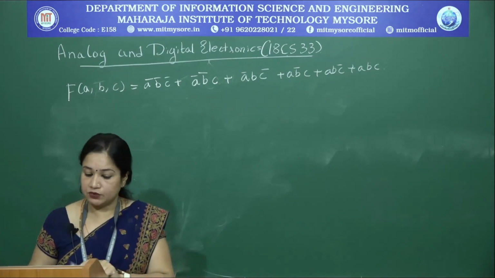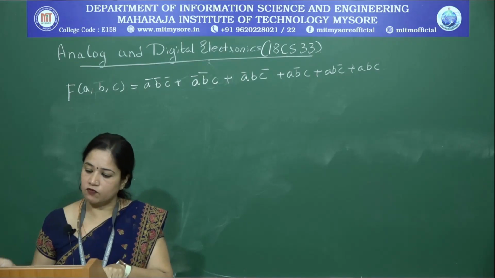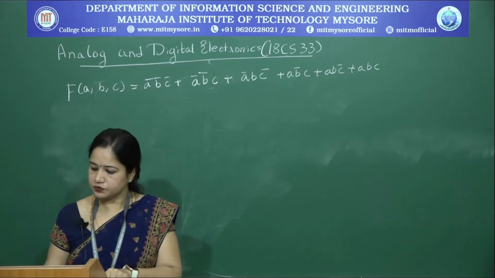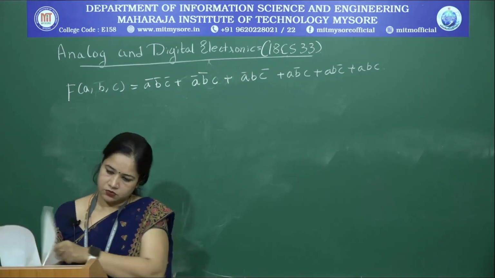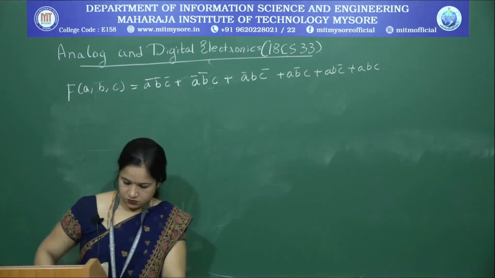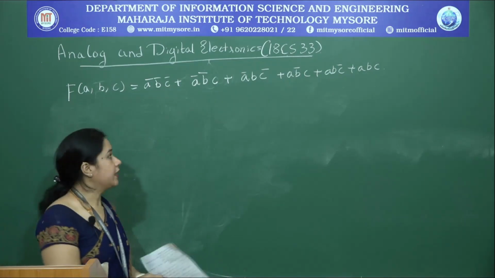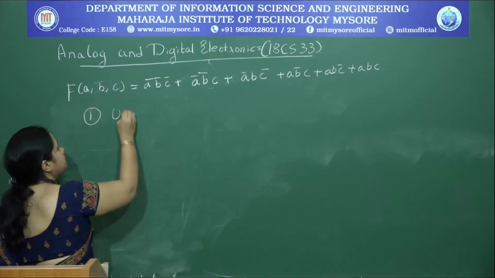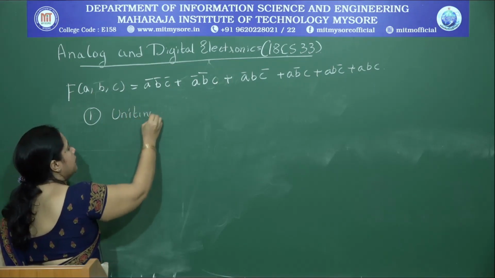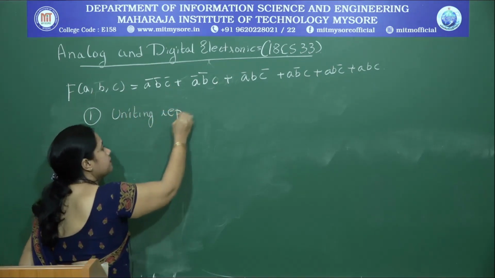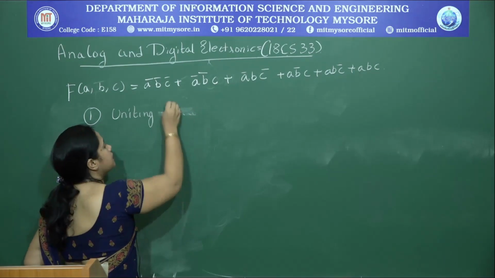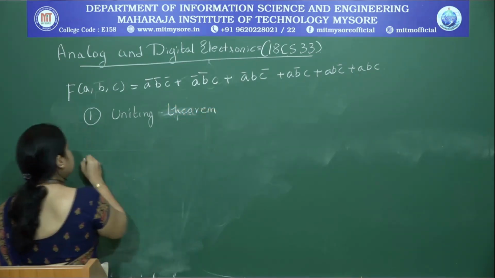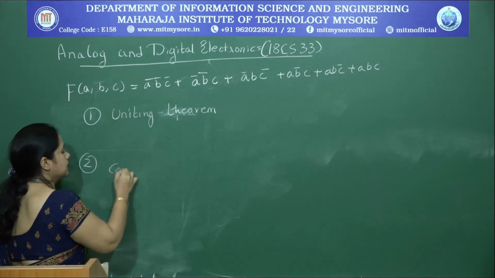We will see what the uniting theorem is and what the consensus theorem is before actually applying them. The first step is to apply the uniting theorem repeatedly till further simplification is not possible, and the second step is to apply the consensus theorem.